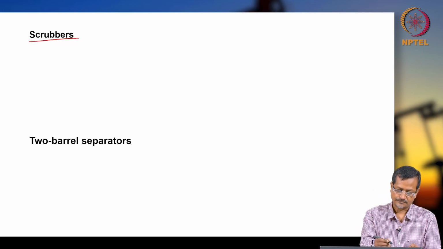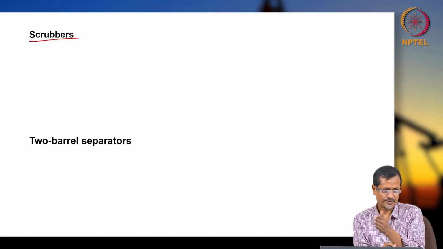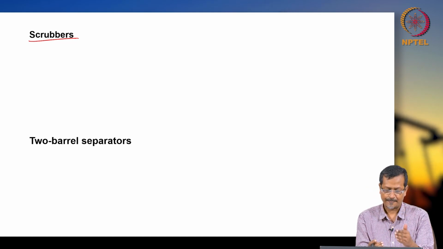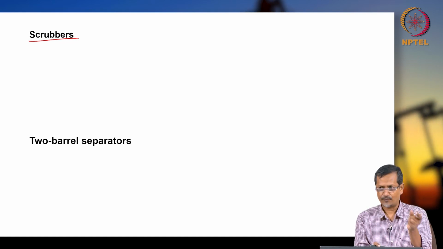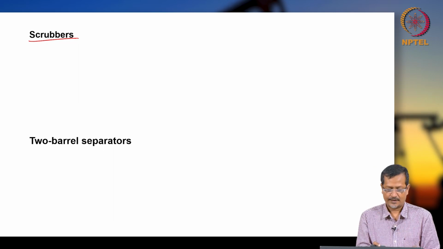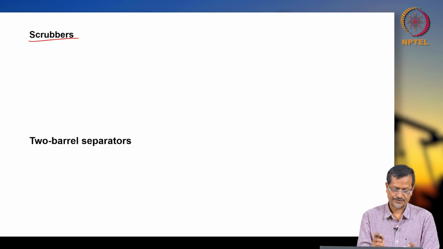If you are not removing those things, your gas line will get blocked, the compressor will have difficulty, and many other flow paths will get blocked. Vertical scrubbers are commonly used in oil and gas systems.